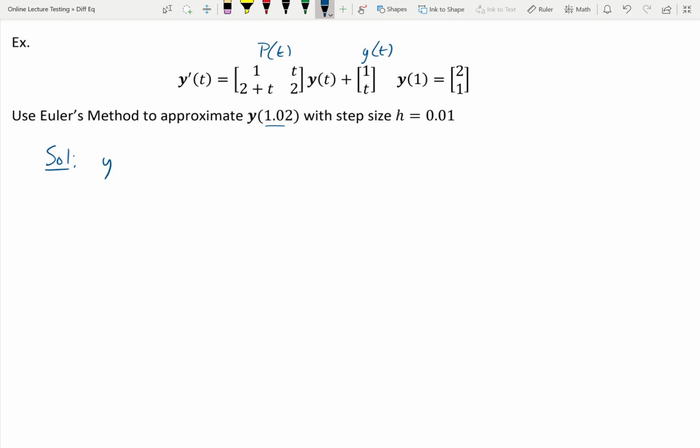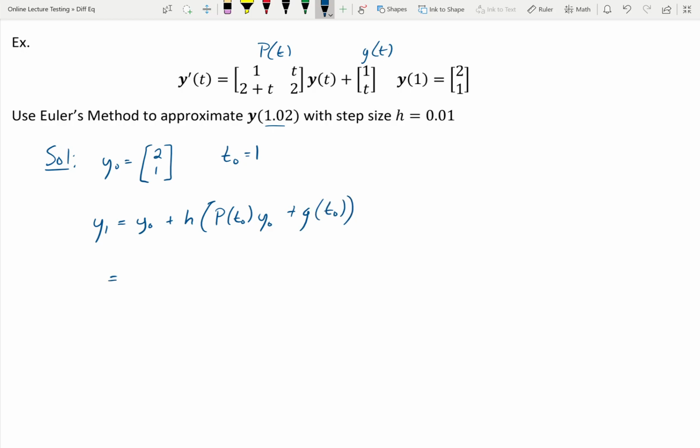So y sub 0 is equal to 2, 1. T sub 0 is equal to 1. So now we need to find out what y1 is. Well, y1 is equal to y sub 0 plus h times P of t sub 0, y sub 0, plus g of t sub 0.